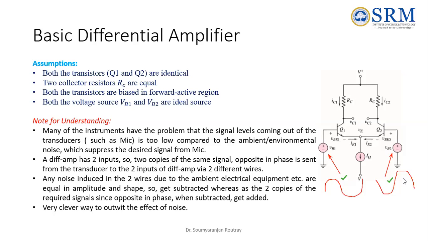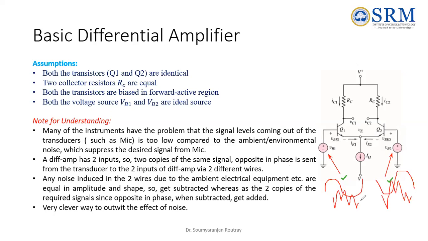So although the information in both signals is the same, the shape is different, so it will not get eliminated by this differential circuit. Now consider some noise added to this. The same noise will also be added to the other input, and both noises are very similar.